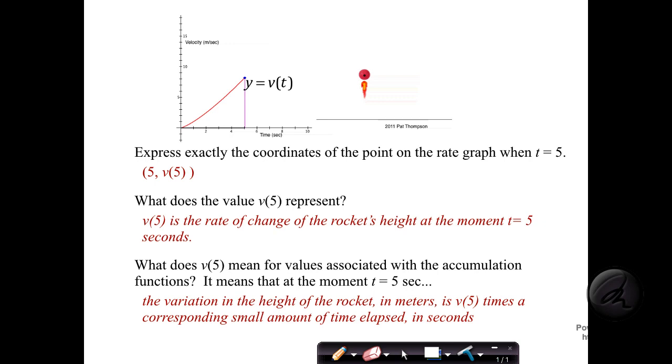It'll be v of 5 times as much. I don't know how large v of 5 is exactly, but it's not infinitely large. So the variation in height of the rocket is v of 5 times this corresponding small amount of variation in elapsed time measured in seconds.